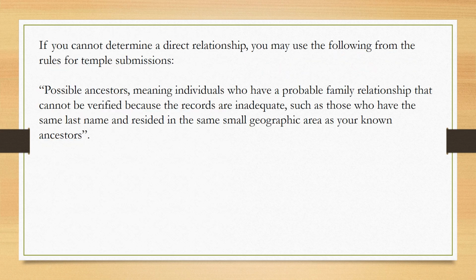If you cannot determine a direct relationship, you may use the following from the rules for temple submissions. Possible ancestors, meaning individuals who have a probable family relationship that cannot be verified because the records are inadequate, such as those who have the same last name and resided in the same small geographic area as your known ancestor.